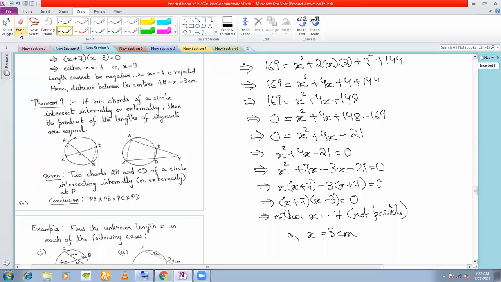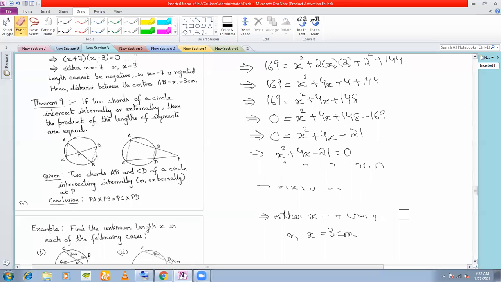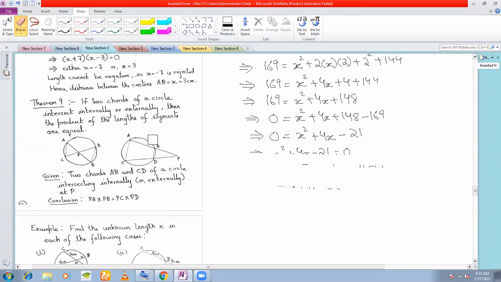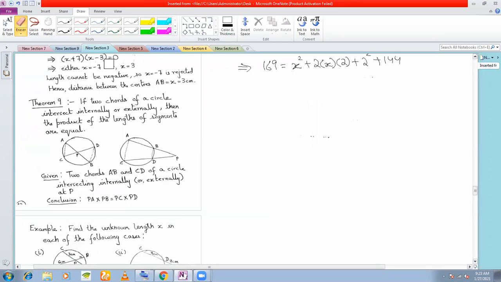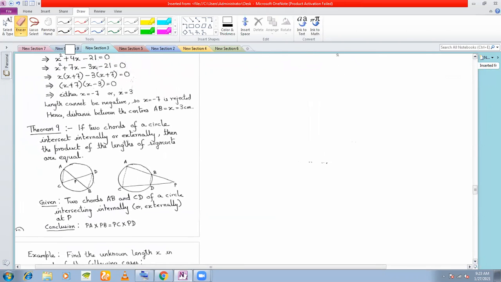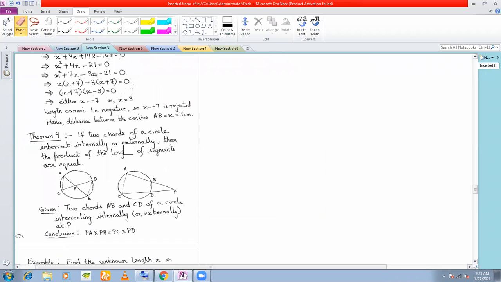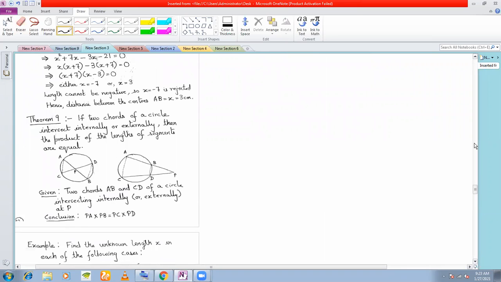Okay. Let us do the next theorem, which is a very easy theorem. This theorem relates the chords of the circles. The theorem is, if two chords of a circle intersect internally or externally, in both cases, then the product of the length of the segments are equal.